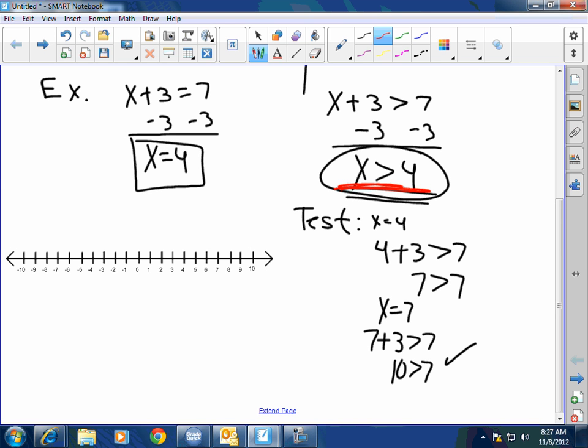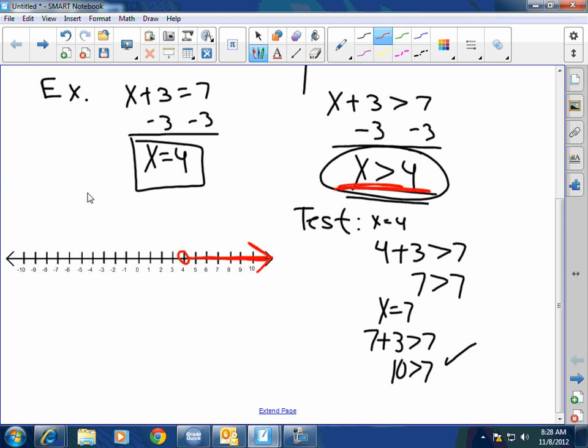I'm going to show you how and why I did this in a second, but just watch. Greater than or less than, I'm going to use an open circle. And I am saying that x is greater than 4. So to which direction am I going to shade? To the right, because everything to the right of 4 is greater than 4. And that would be your graphical solution.